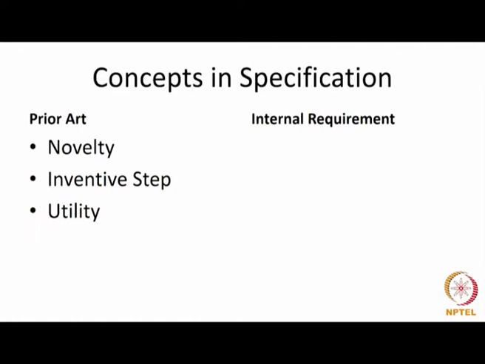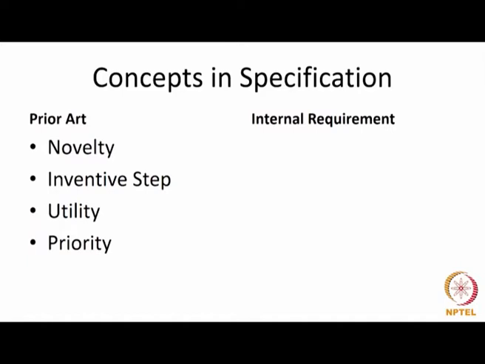If the prior art has a particular use, you are going to claim that one of the objectives is to use this invention for a different objective which the prior art did not address. Or if the prior art had a problem, the use of the invention solved that problem. So again, there could be some comparison with the prior art in demonstrating utility. Utility is also called the third requirement, which is also known as capable of industrial application.